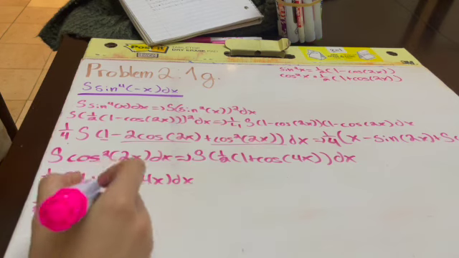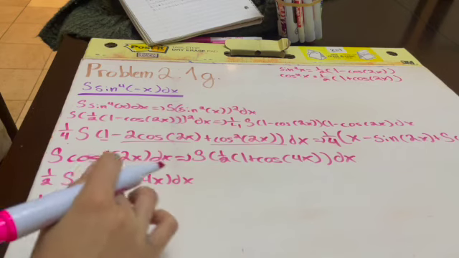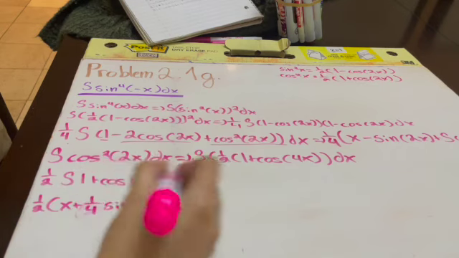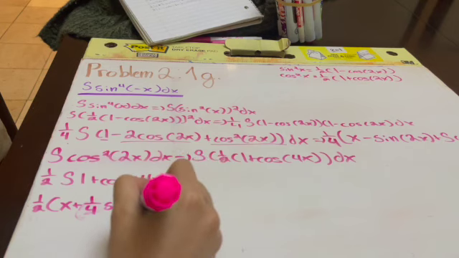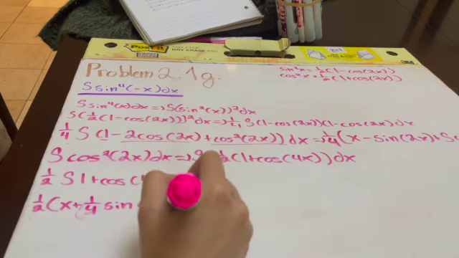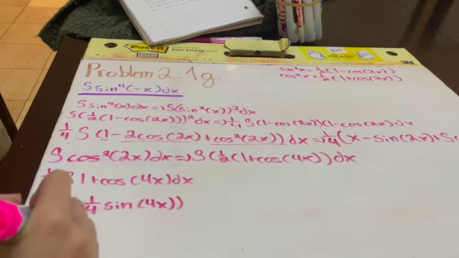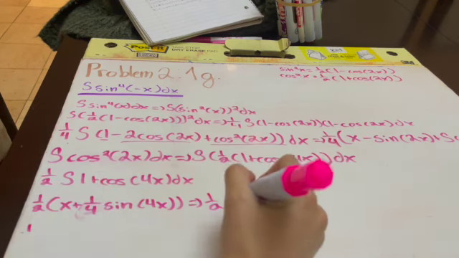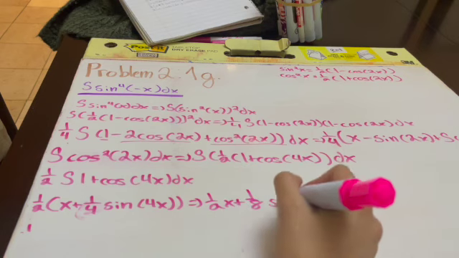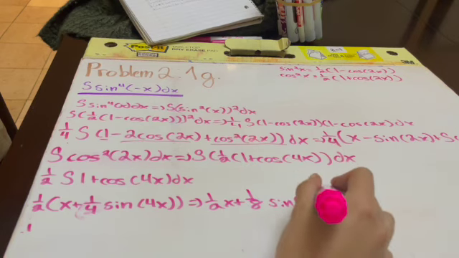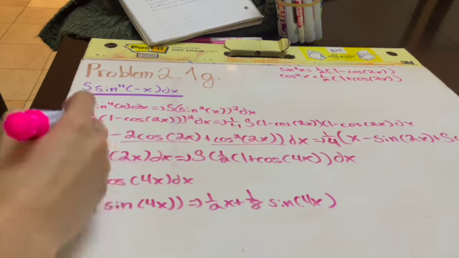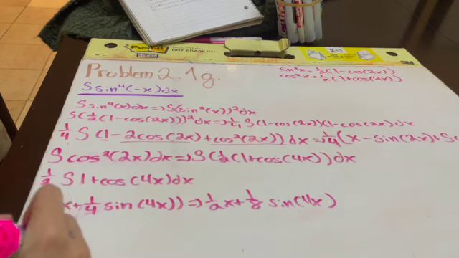plus 1/4 sine 4x. So then that simplifies to 1/2 x plus 1/8 sine 4 of x. And then we're just going to plug everything back in. We can't forget the rest of the equation, so we're going to have that 1/4.